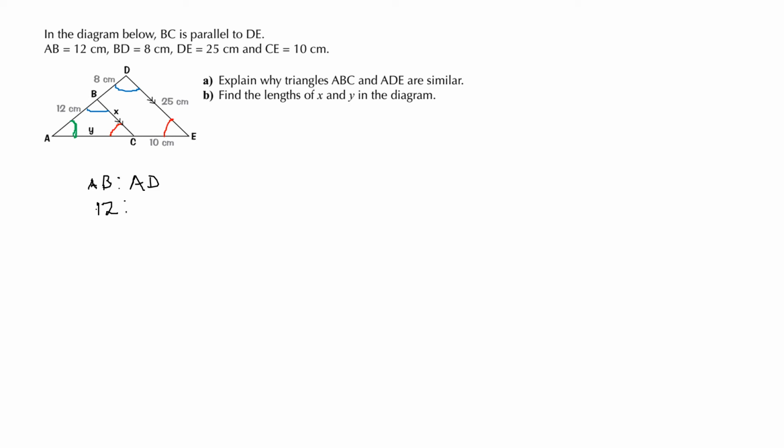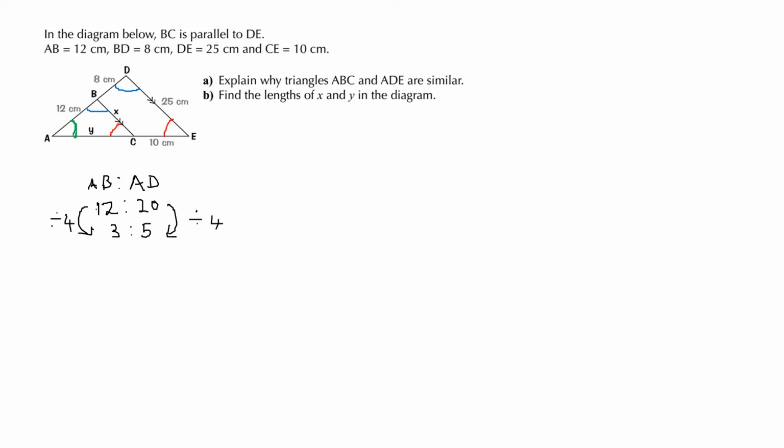AD is going to be the whole of this length, so it's going to be 12 centimetres plus 8 centimetres, which will give me 20 centimetres. And I'm going to simplify that. I'm going to divide by 4 on both sides, and that will give me a ratio of 3 to 5.